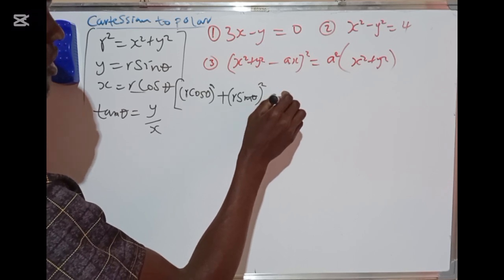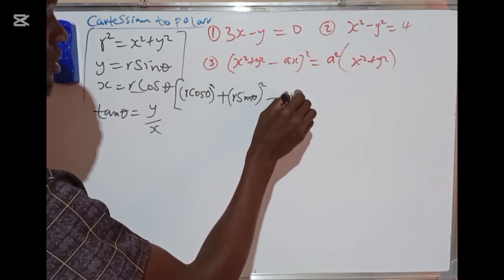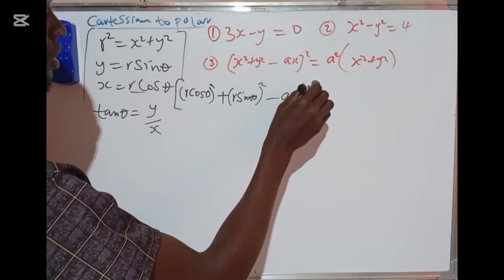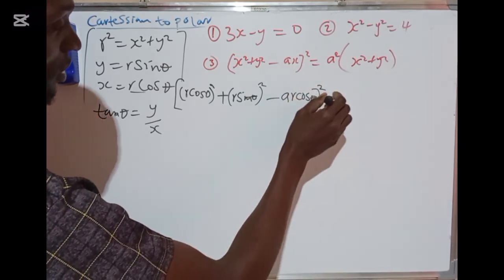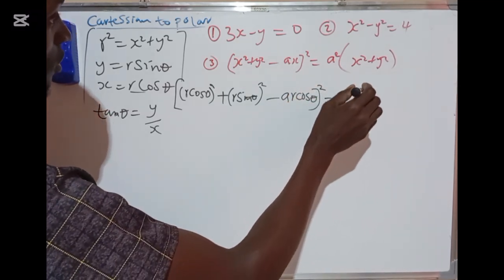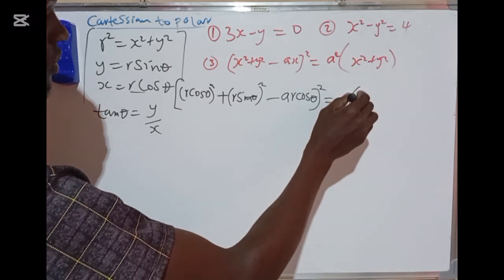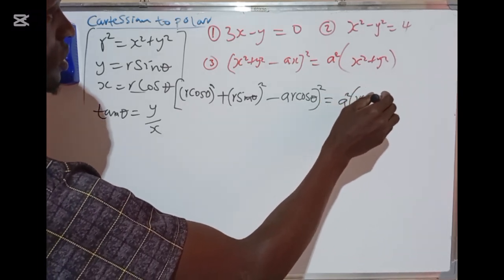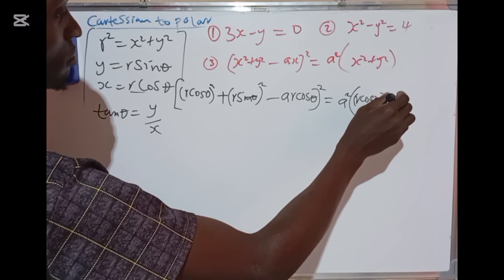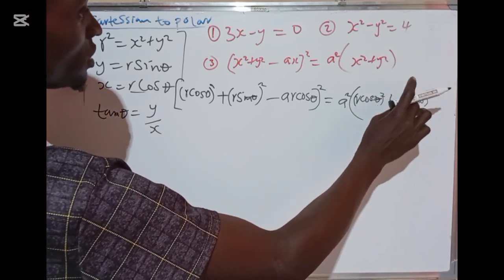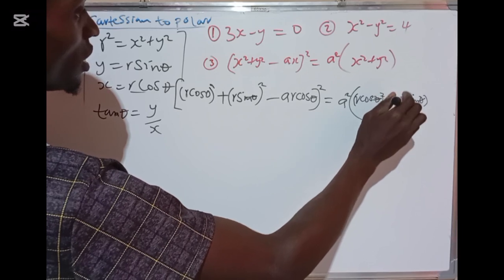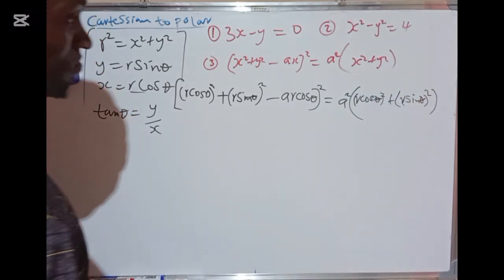Now minus ax is r cos theta, then I close this bracket, and then I square everything. It's equal to a, which here is a constant, into r cos theta squared plus r sine theta squared.